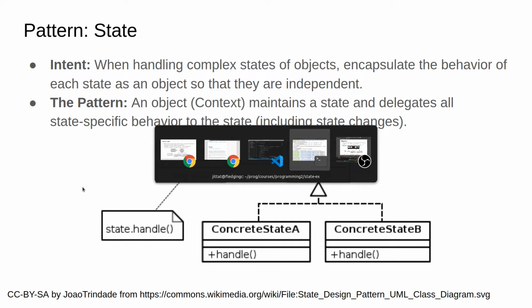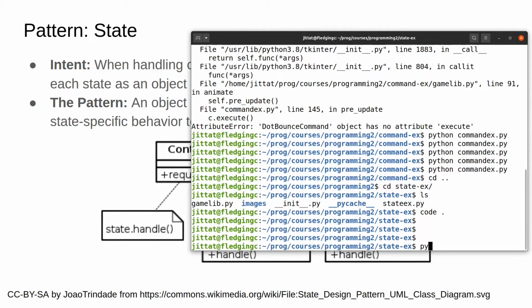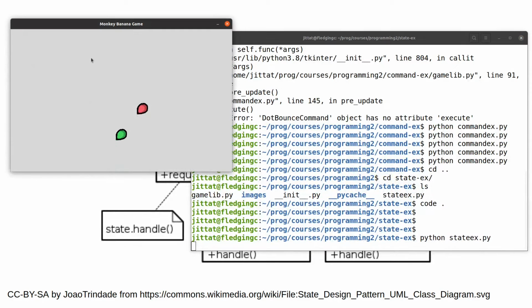Okay, so let's look at our example code for that. This is a simple game. You have a green dot, and if you press the keyboard, it moves horizontally, and if you press the keyboard again, it moves vertically, like that.